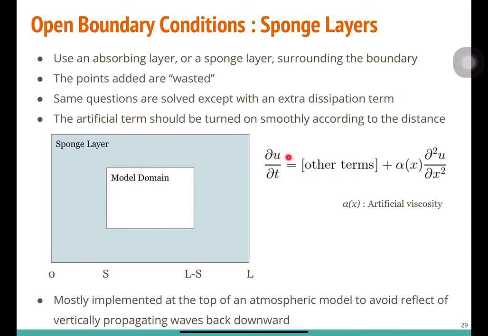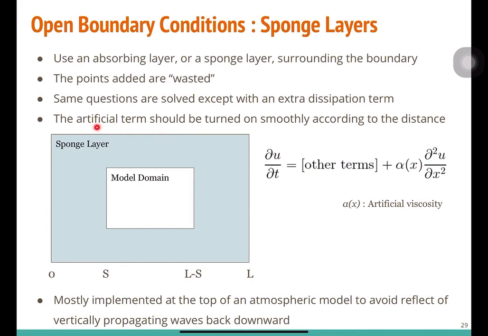So if you have an equation looking like this, we have some other terms, for example, advection or pressure gradient force or Coriolis force. We add another term here. It's called artificial viscosity. It's not real. We are putting it here so that the change here will dissipate in this region and nothing is coming back.